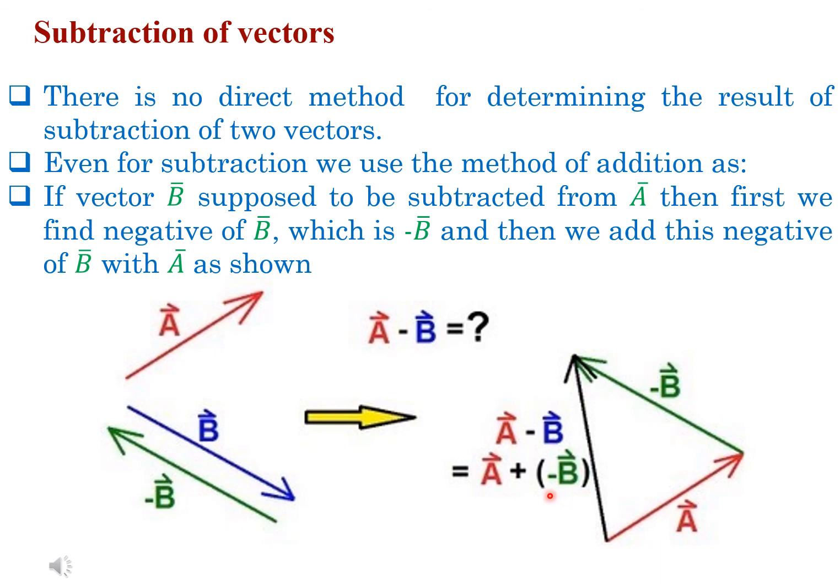It is actually addition of vectors that is used for subtraction of these vectors. So A plus minus B, we added A and negative B to get A minus B vector.